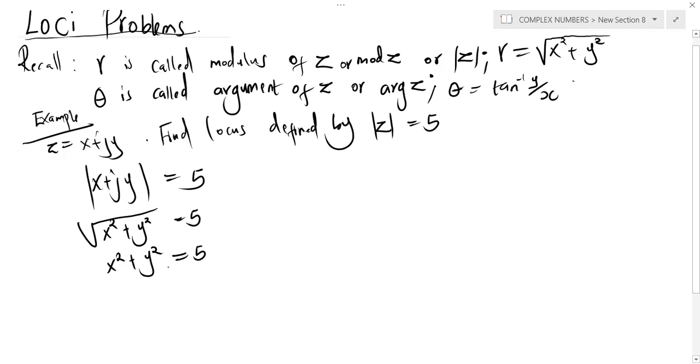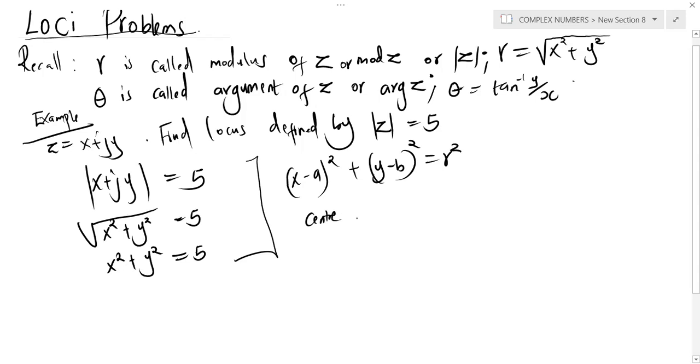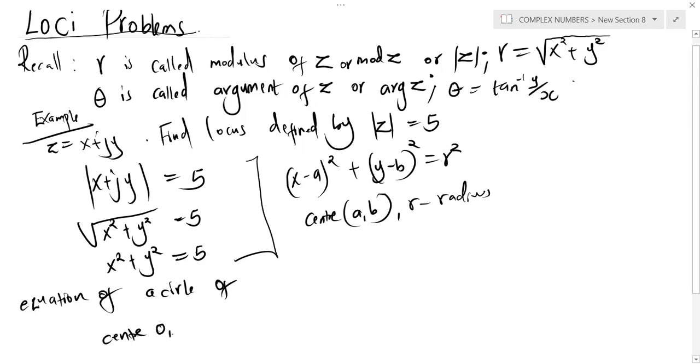And clearly, this is the equation of a circle. The general form of an equation of a circle is given by (x minus a) squared plus (y minus b) squared is equal to r squared, where the center of the circle is (a, b) and r is the radius. So in our case here, this is the equation of a circle of center (0, 0), and the radius, sorry, this was supposed to be squared on this side.